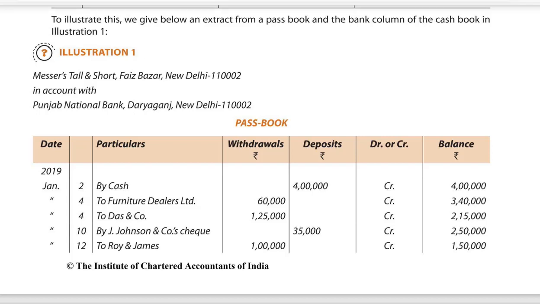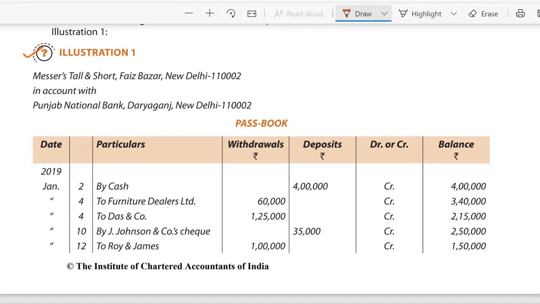Illustration 1. Messrs. Tall and Short, Faiz Bazaar, New Delhi, in account with Punjab National Bank, Daryaganj, is given over here. Bank passbook, January 2019. On 2nd January, by cash, there is a deposit of 4 lakh and the closing balance is 4 lakh.